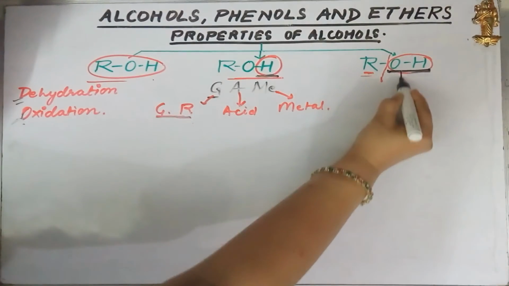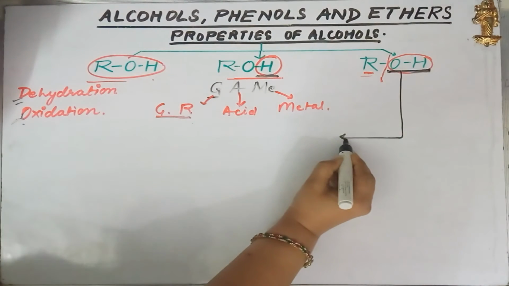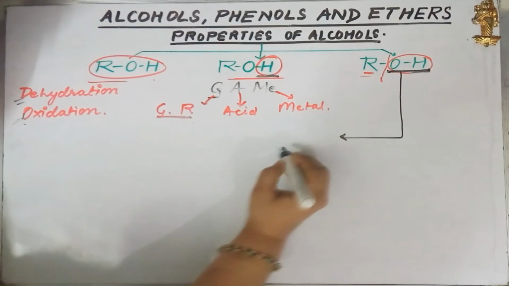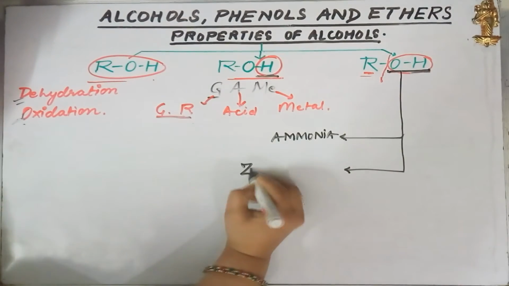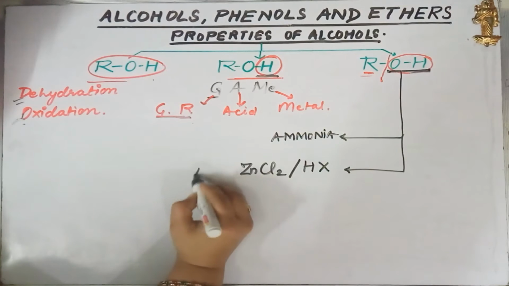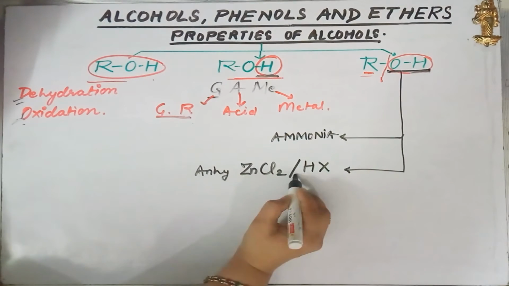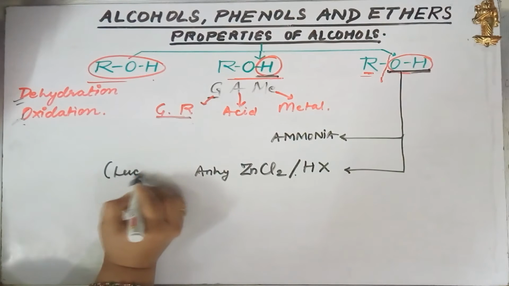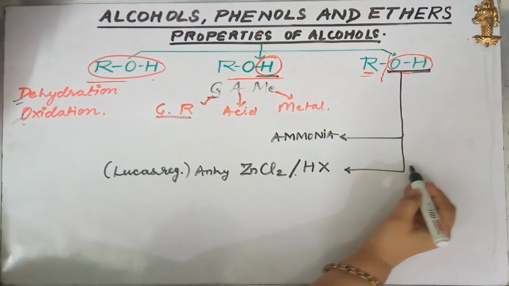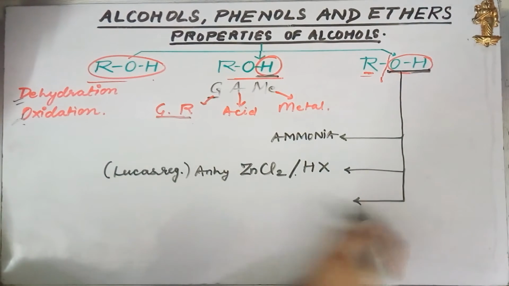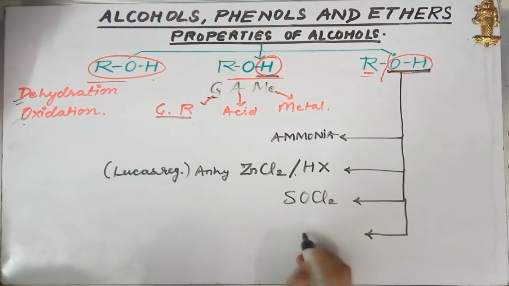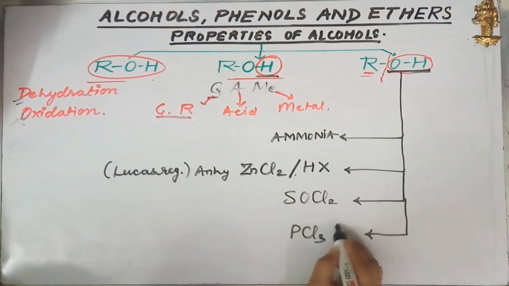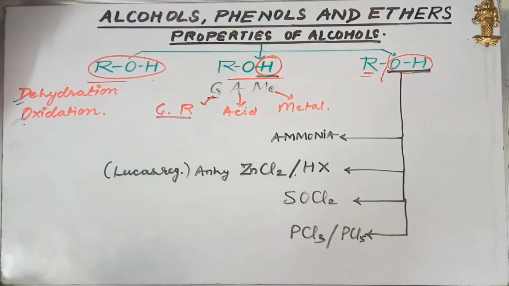These are the simple reactions where one by one we can understand the reaction of alcohol with the ammonia, reaction of alcohol with anhydrous zinc chloride and HX, which is also known as Lucas reagent, or the reaction of alcohol with SOCl2, or the reaction of alcohol with PCl3 or PCl5. So these are the four reactions which are very important also.